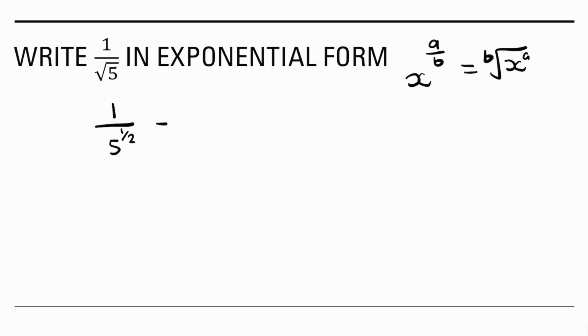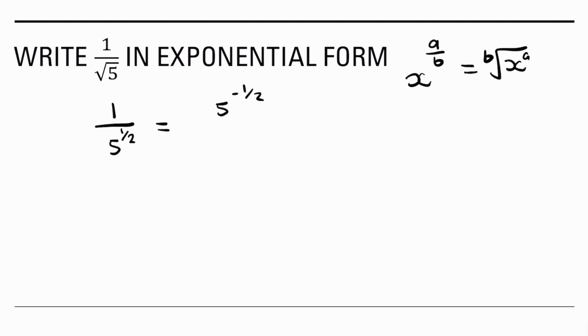You might also see this as 5 to the negative 1/2 power. I prefer 1 over 5 to the half power when I'm presenting a final answer, but if I'm still operating with indices, I will probably keep this negative 1/2 and keep it in the numerator.